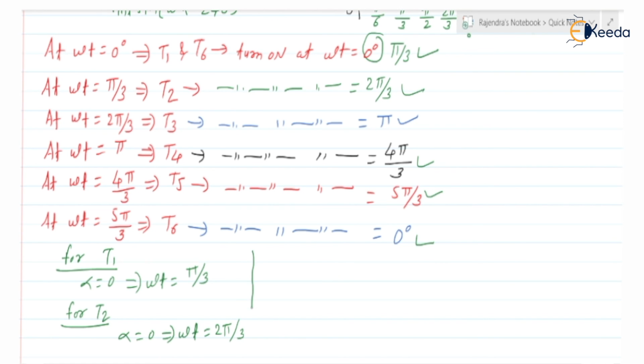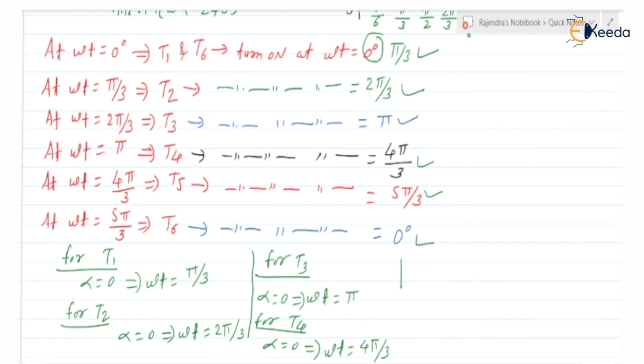Similarly, for T3, alpha equal to 0 is omega t equal to 3 pi by 3, that is pi. For T4, alpha equal to 0 is omega t equal to 4 pi by 3.